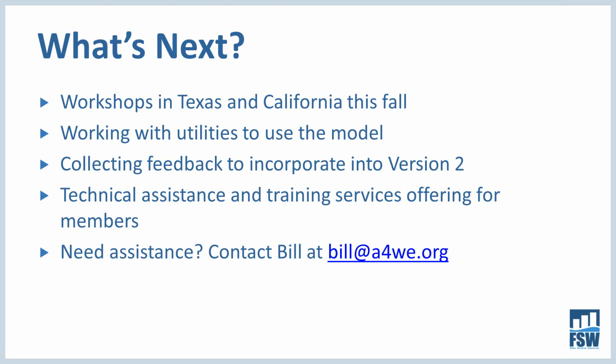The Alliance for Water Efficiency is available to provide technical assistance and also more in-depth training services for our members. So if you are experiencing any difficulties, have questions about the model, or are interested in some of these training services, there are contact us forms throughout the website. And we've also provided Bill's email address here, and we encourage you to get in touch with us. Next slide, please.